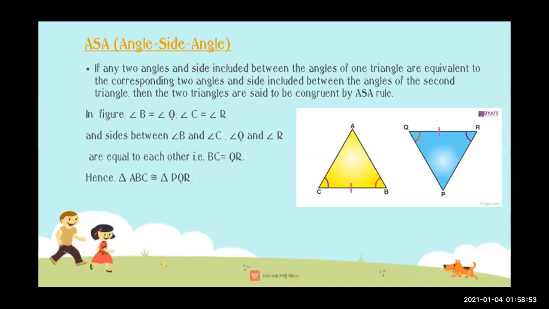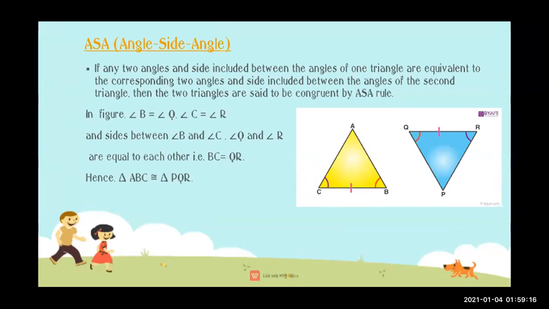Angle side angle means there should be two angles and in between there should be one side. In the second figure also the same. So that type of test is the angle side angle test.